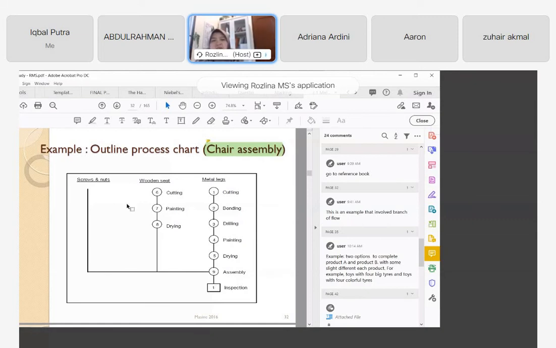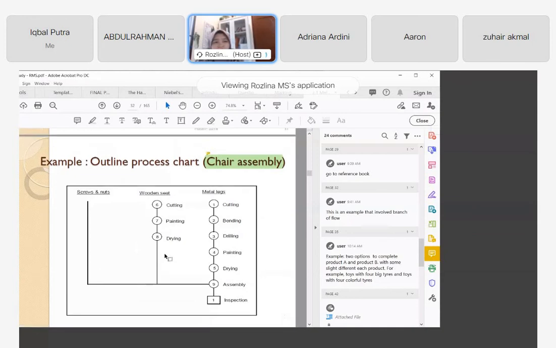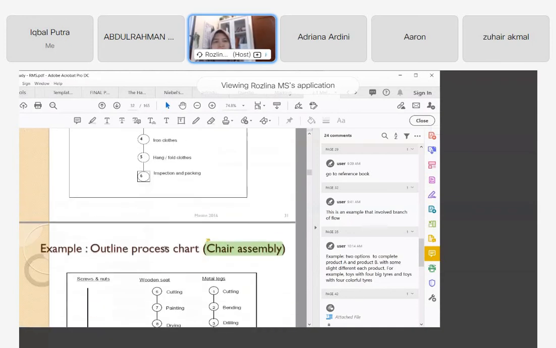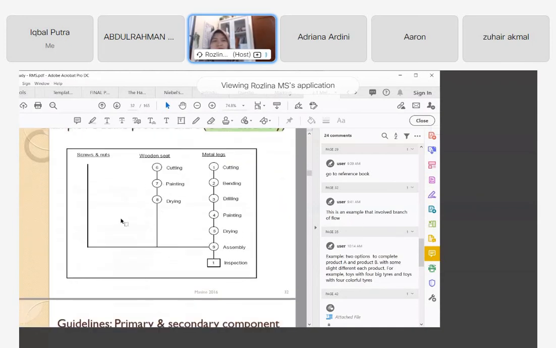Easy, right? This one is very simple, and it becomes quite complicated when we are involved with some other processes to complete the other parts first.